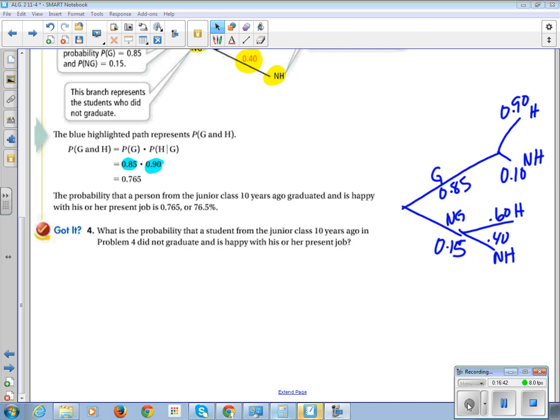What is the probability that the student from the junior class 10 years ago in problem 4 did not graduate and is happy?